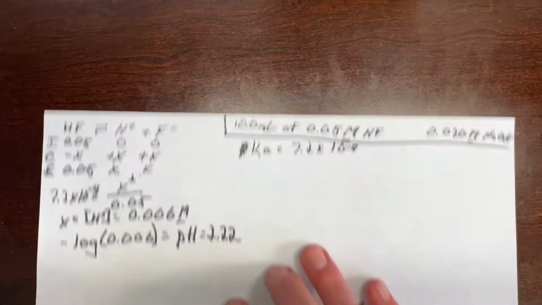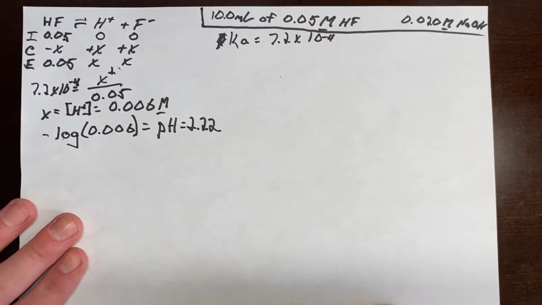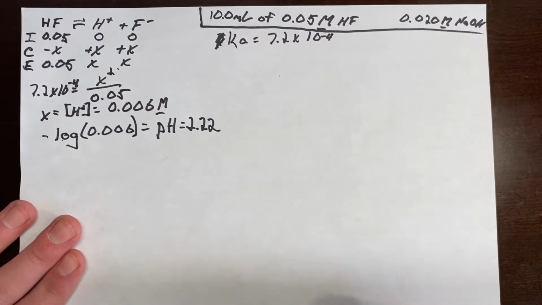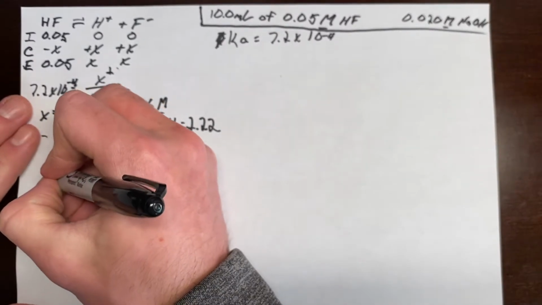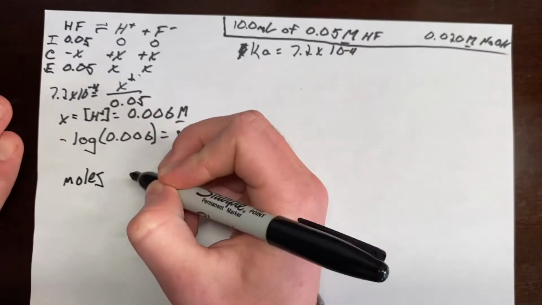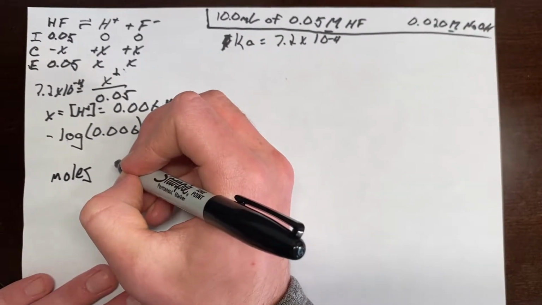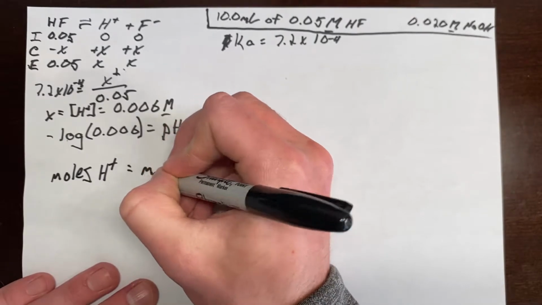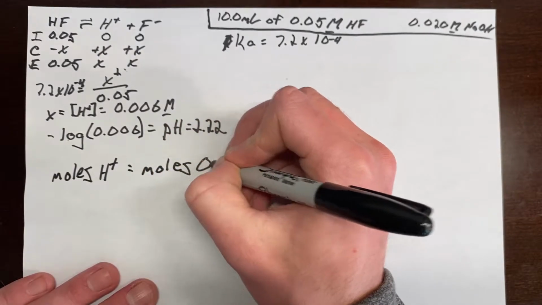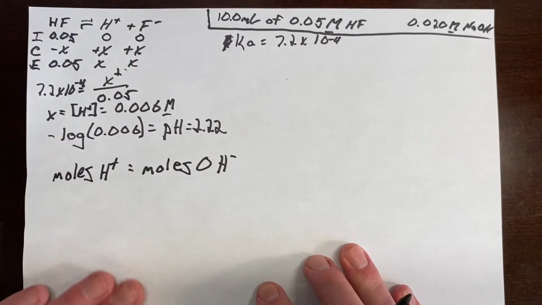Okay, now the second thing we have to do is find out where the equivalence point is going to occur, and that's going to be where the moles of the acid, or H plus, is equal to the moles of the hydroxide.